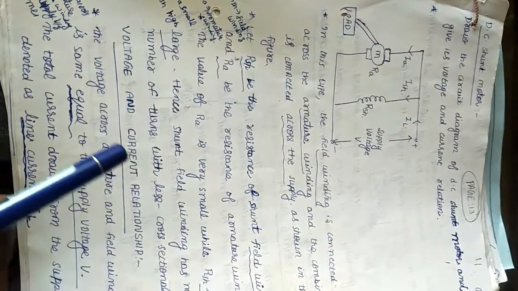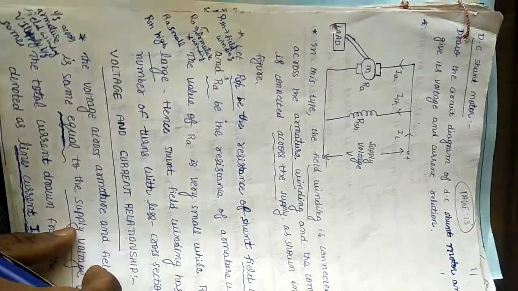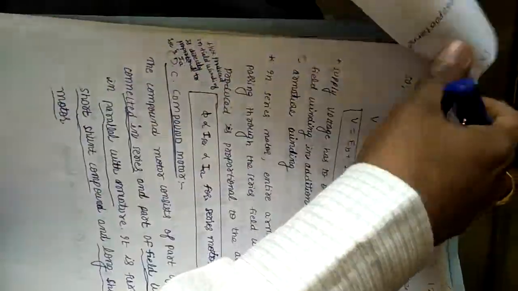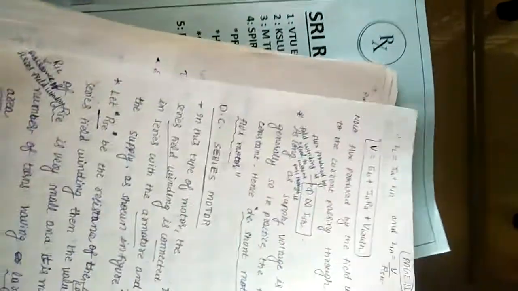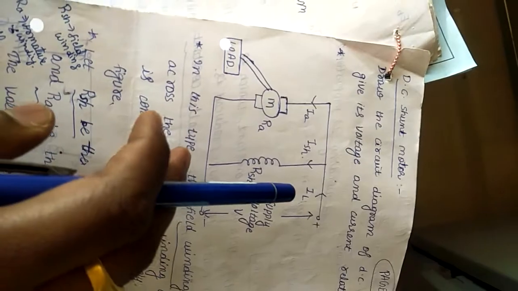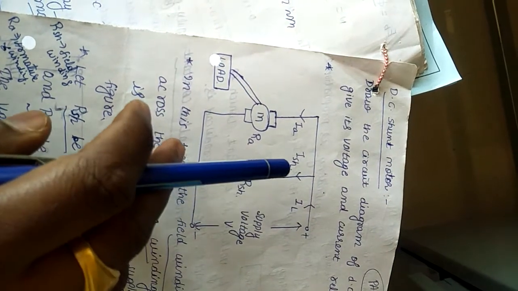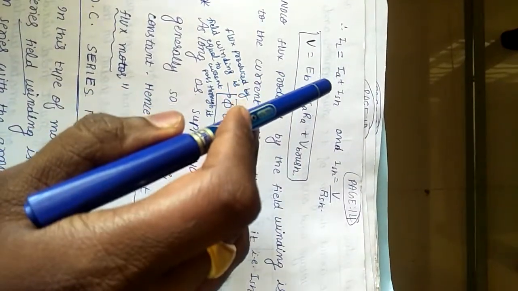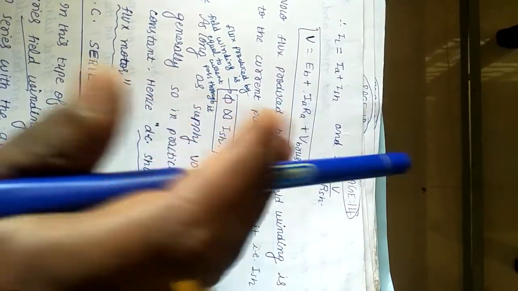So here you have the relation between the voltage and current in the case of DC shunt motor. From this diagram I can write that the load current is nothing but the sum of armature current and shunt current. Therefore IL is equal to IA plus ISH.